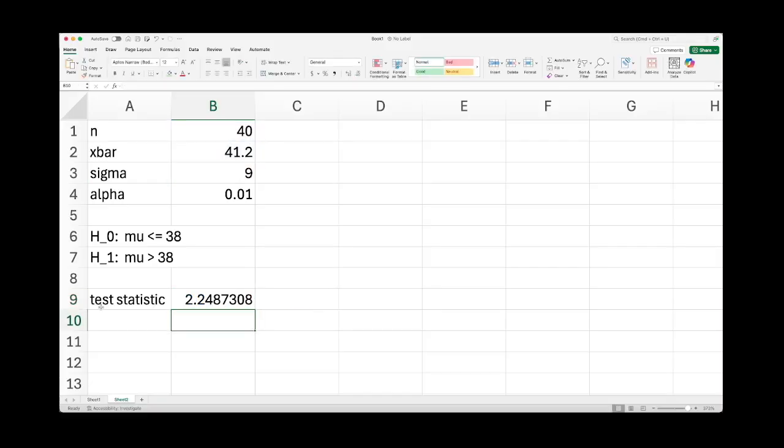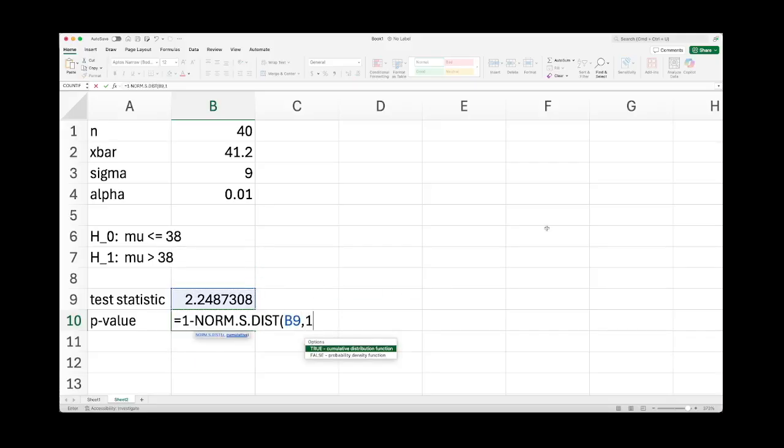So our test statistic is about 2.249. Our p-value is going to be the area to the right of that test statistic, which is 1 minus norm.s.dist, and then I would click on this value and put true. And remember, don't type in an approximation of the test statistic. Actually click on the value in Excel so that we're not rounding until the end.